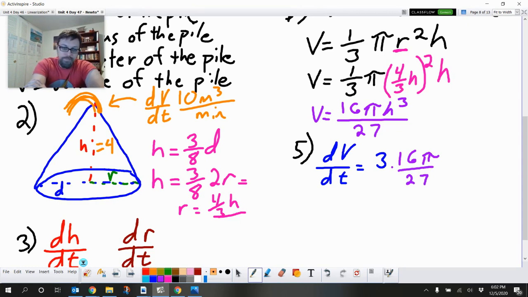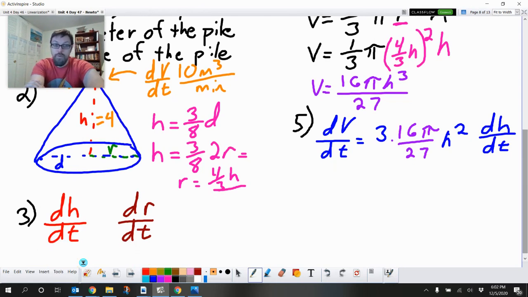Who wants to do that? h squared, and then I need to implicitly differentiate h, so I need to find the change in h over the change in time. Ooh, that's one of the things that we wanted. Great, great, cool. Now let's put in some of the numbers that we had.